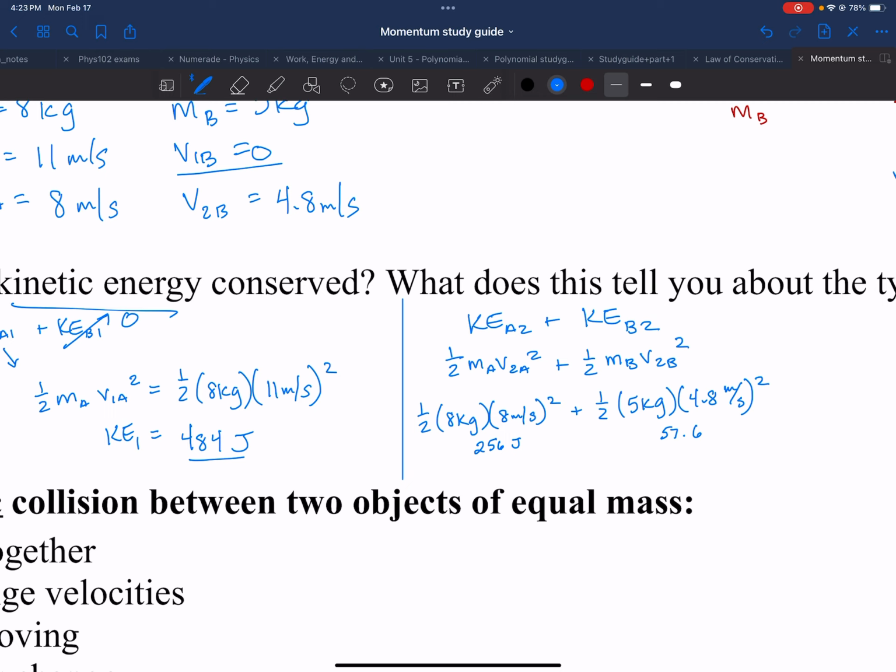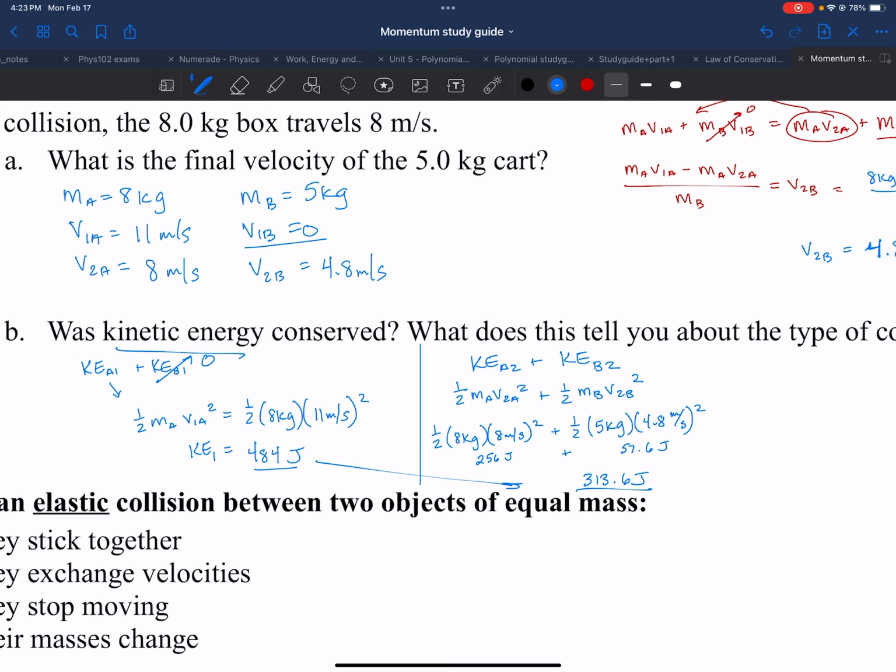Yeah, 57.6. That's what it is. So when I add those together, I end up with a total of 313.6 joules, right? So I'm going from 484 down to 313. So the answer here would be no, it's not conserved.